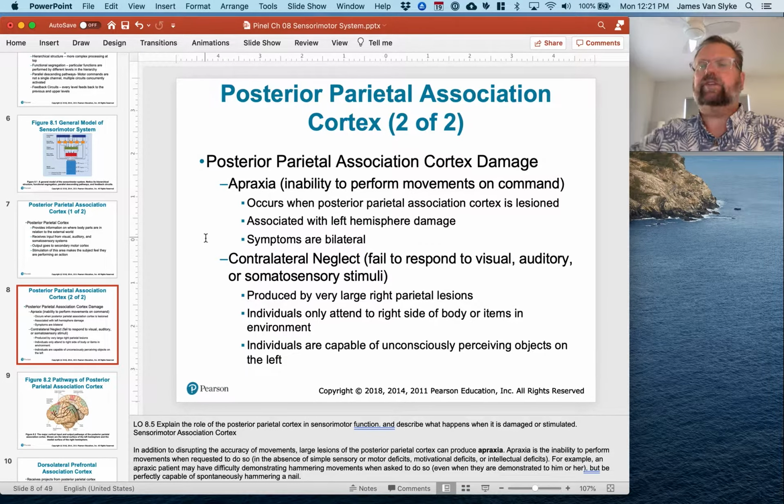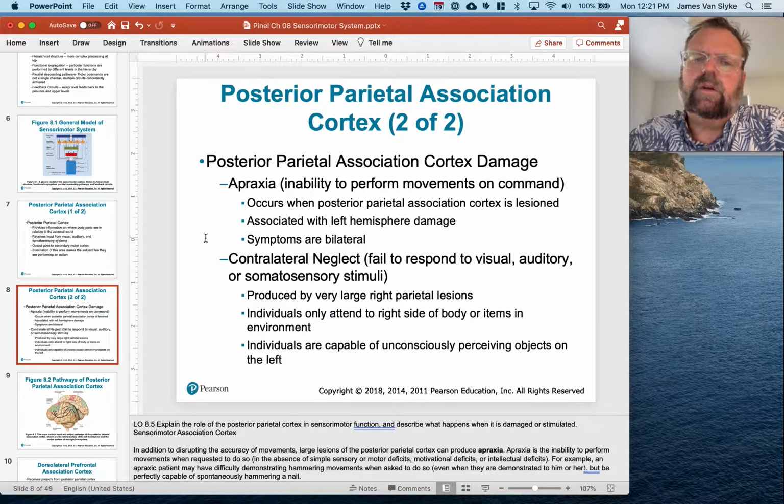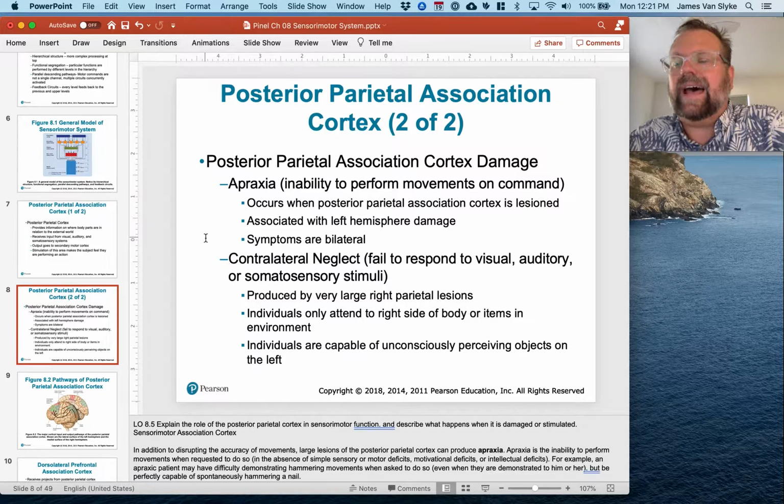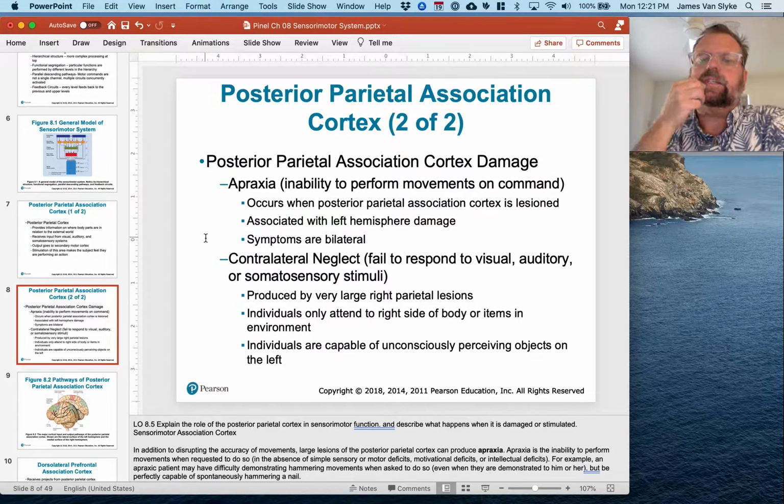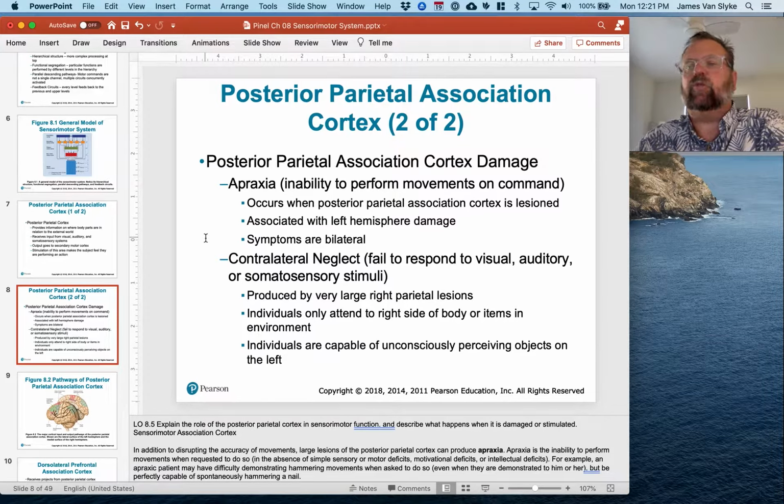There's a few different kinds of deficits that can be associated with damage to posterior parietal cortex. One is known as apraxia, and this is the inability to perform movements on command. And what's important about this kind of apraxia is that it's not because there's something wrong with your arms or your legs or your muscles or anything like that.